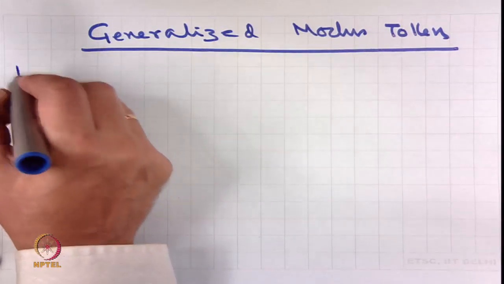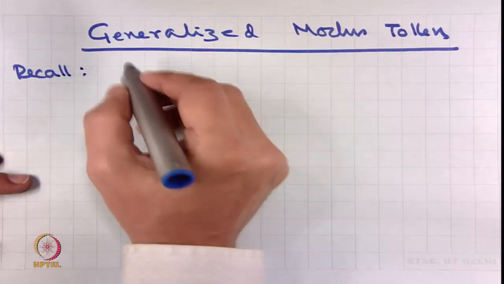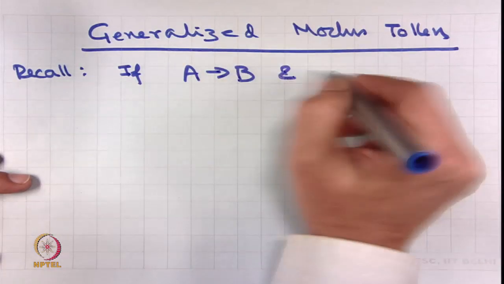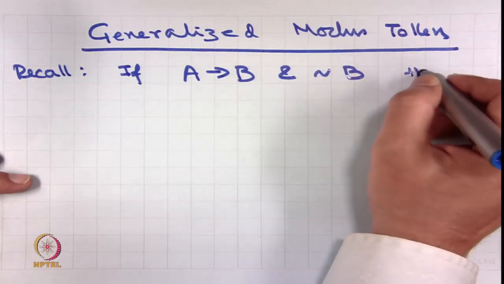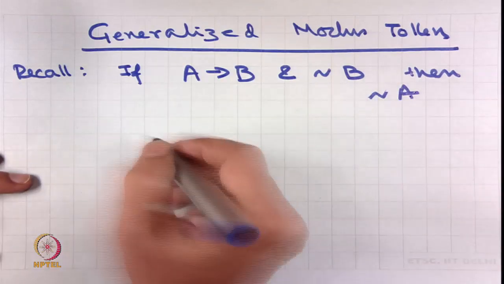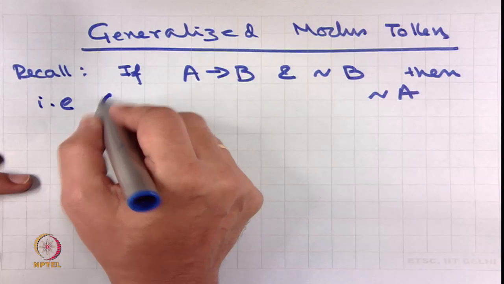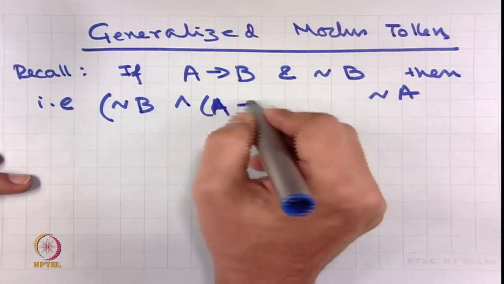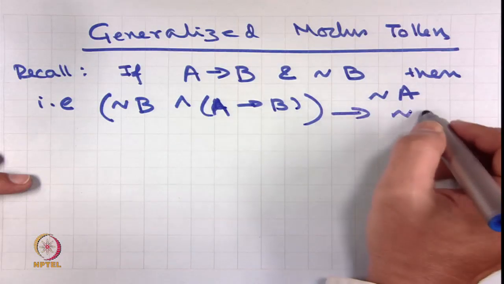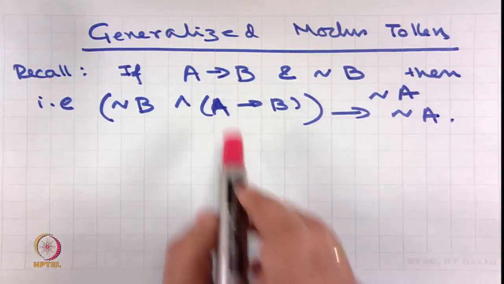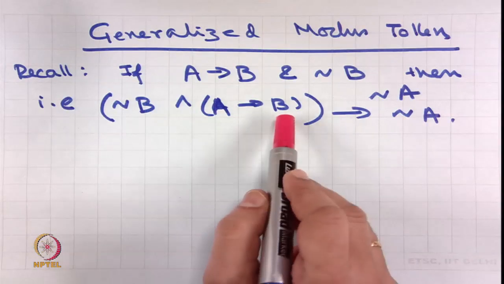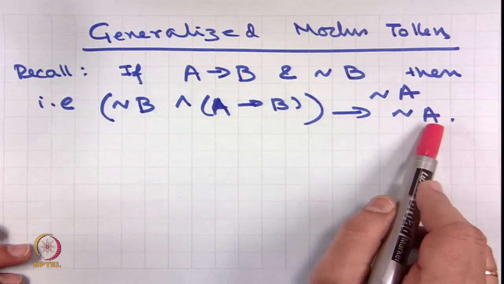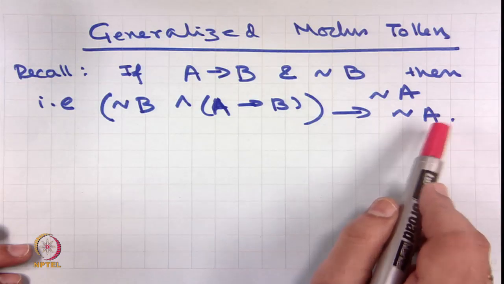So, let us recall modus tollens says that if A implies B and not B, then not A. That is, not B and A implies B implies not A. That is, if we are given the implication and we are also given some information about B, then we can derive some information about A.